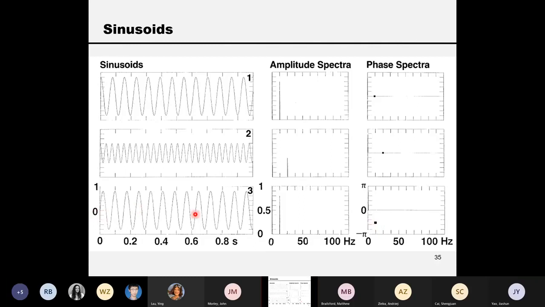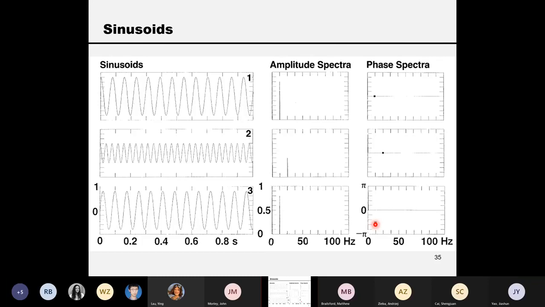So that's the phase. Amplitude gives us the magnitude of the harmonic function, and the phase gives us the time delay. Basically it's the same thing, but delayed by minus half pi.